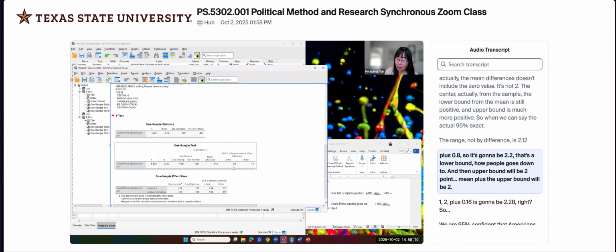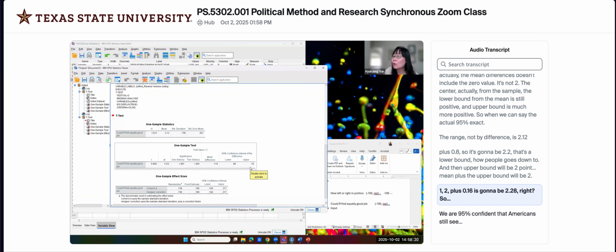That's the lower bound, how far people go down to. And then the upper bound will be the mean 2.12 plus 0.16, which is going to be 2.28, right?